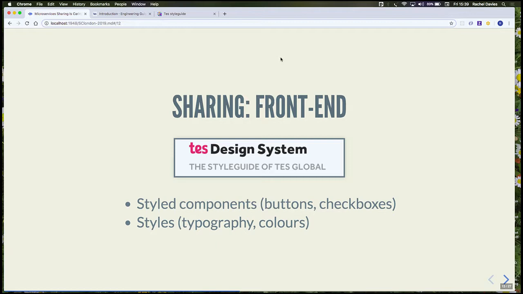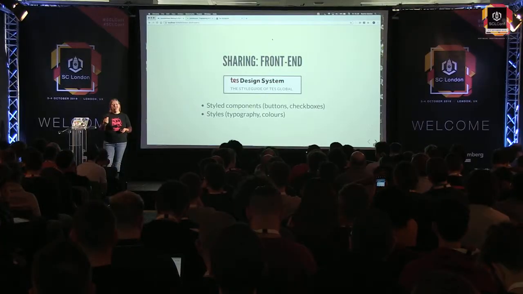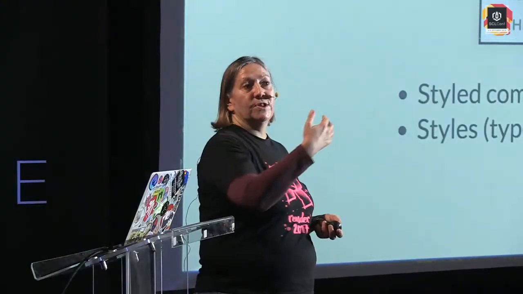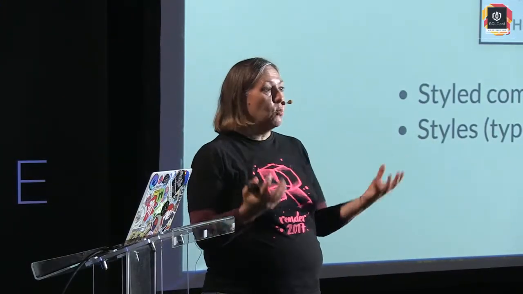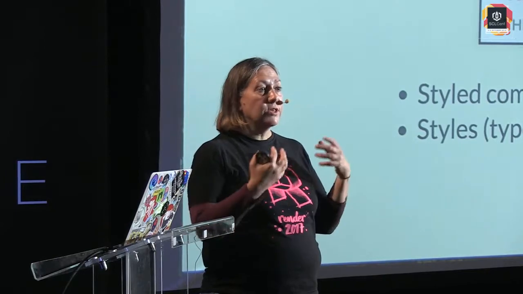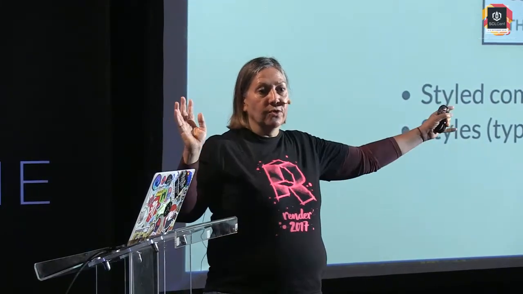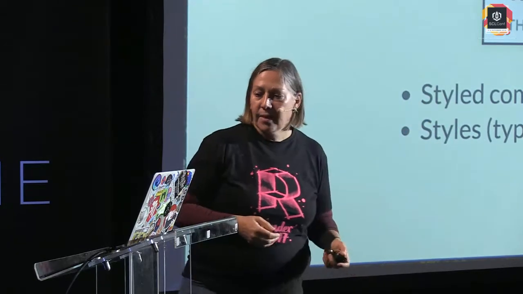It contains CSS styles for typography, colors, all of these kinds of things to make sure that each service that you work on has a common way of applying styles. The styles are the same. You can change them in one place, and it ripples across all of the components that are using those styles.